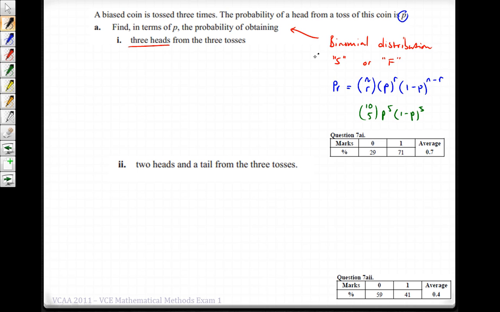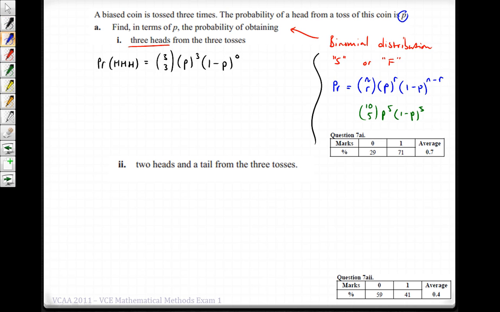Alright, so back to our actual question though. We have that our probability of 3 heads is equal to, we're going to choose 3 from 3. So that's a combination, 3 choose 3, times P to the power of 3 times 1 minus P to the 0.